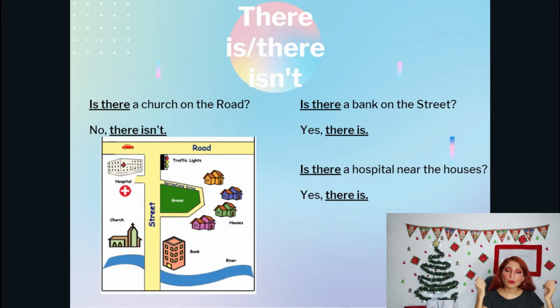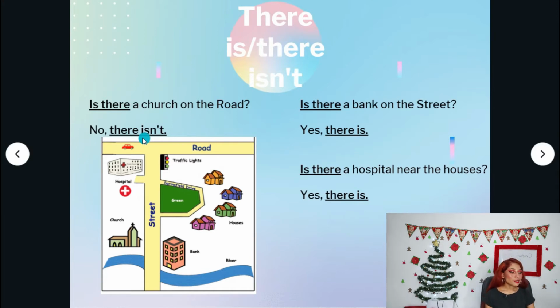Is there a shopping mall near here? I'm showing you these examples, which are different from the ones that we did last week, because I'm showing you a different map. Why is this? Because we need to practice more about this.